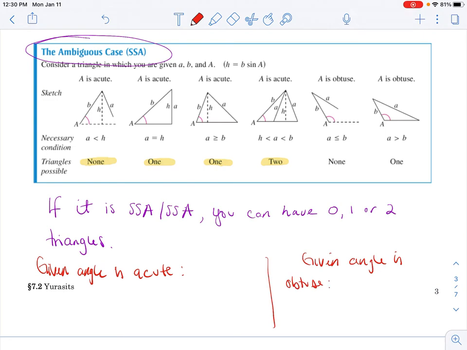All right, so if your given angle is acute, you're in this little section. And what it's saying here, let's go ahead and change this: A is less than the height, A is equal to the height, A is greater or equal to B, or A is between your height and the other side.